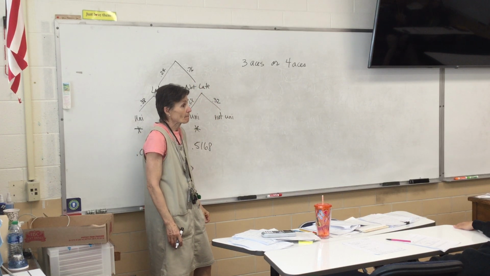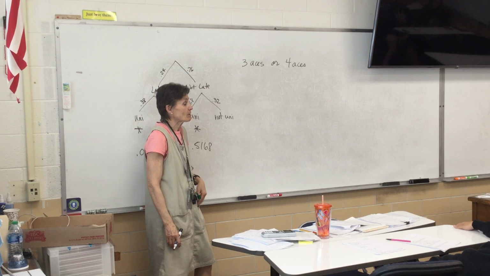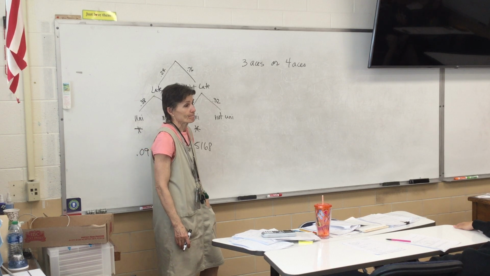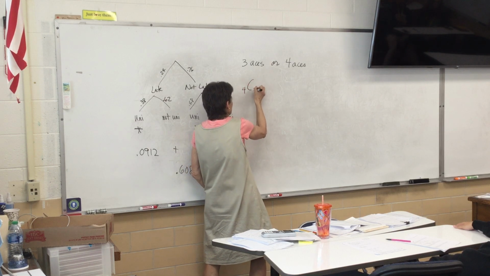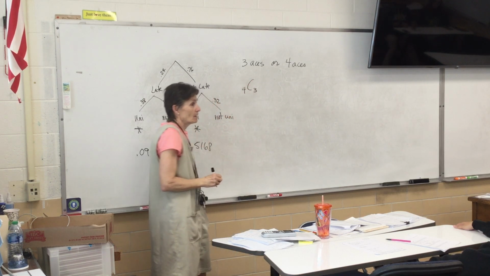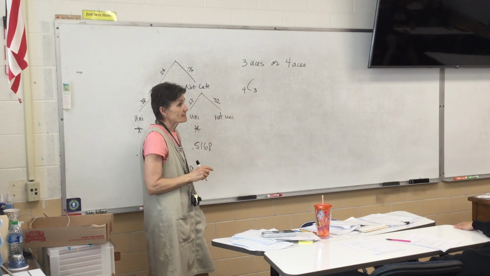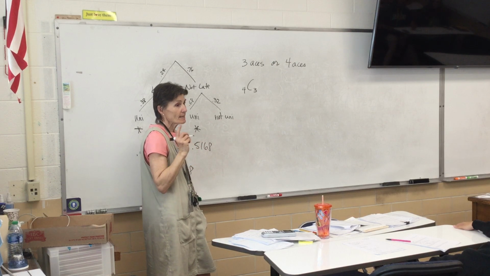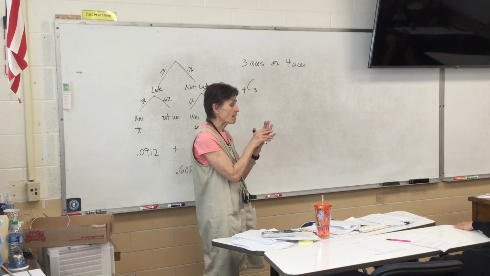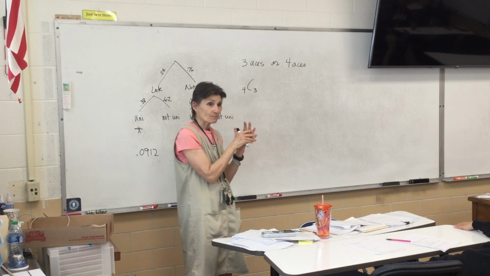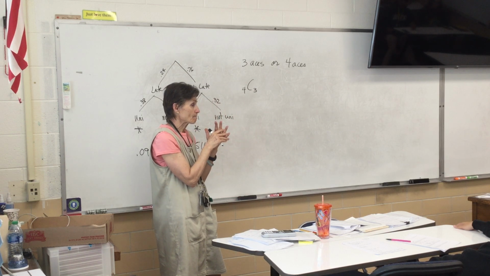All right, how many aces are in the deck? 4. I want 3 of them. 4C3. But this is a 5-card hand, which means if I have 3 aces, I must have 2 of something else.